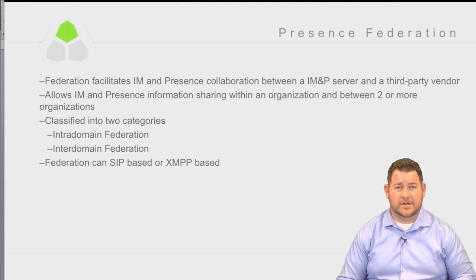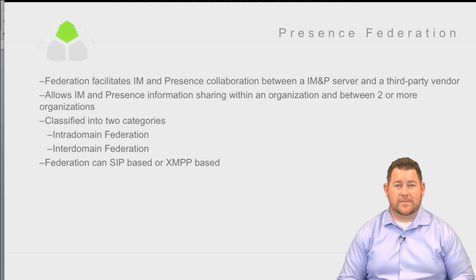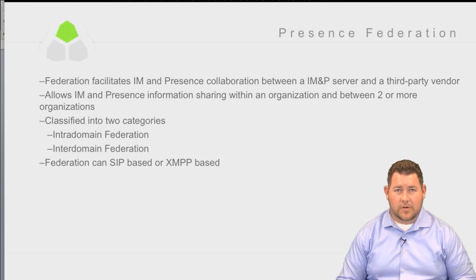It depends on what we want to configure there. They can be the same organization or the different one, and we're still going to use this XMPP federation for configuring between two presence servers. Or they could be a different organization with a third-party server like Microsoft OCS, and we would need to use a SIP federation for that.